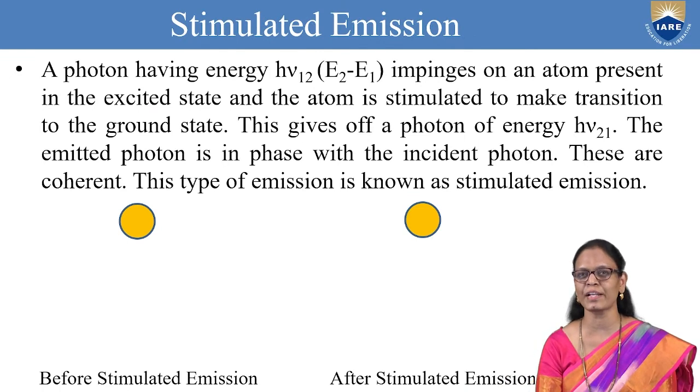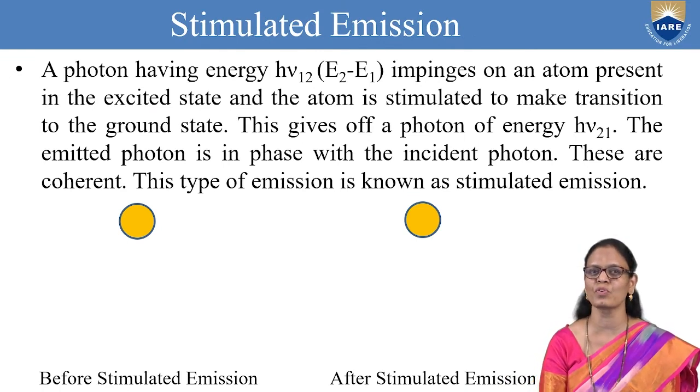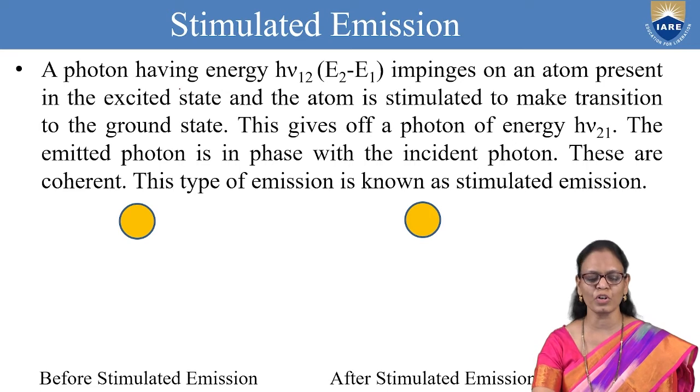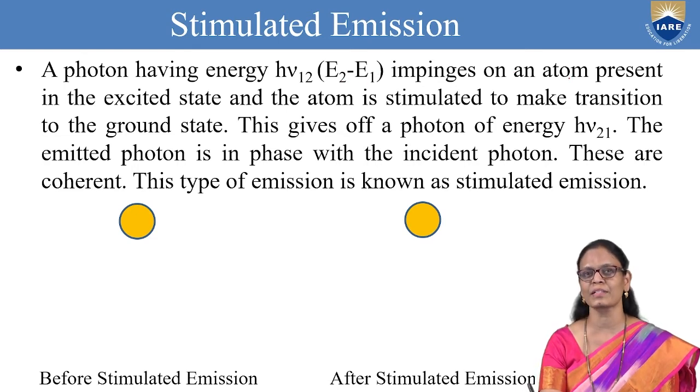Then we have stimulated emission. We will try to understand why we have to go for stimulated emission and what happens with spontaneous emission. Now, a photon having energy h nu 12, that is the difference E2 minus E1, impinges on an atom present in the excited state.